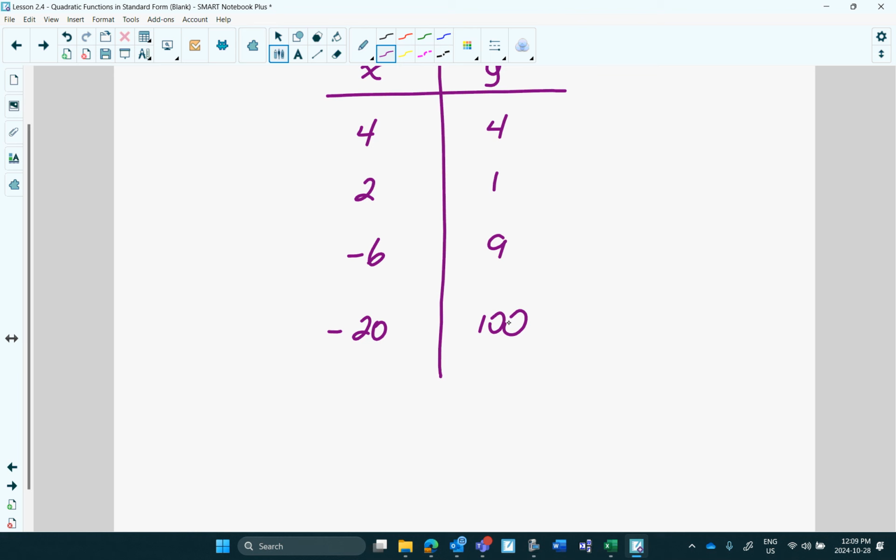Take half of x. See if you can finish the pattern. Then square it. So the pattern is y is going to equal half of x, and square it.